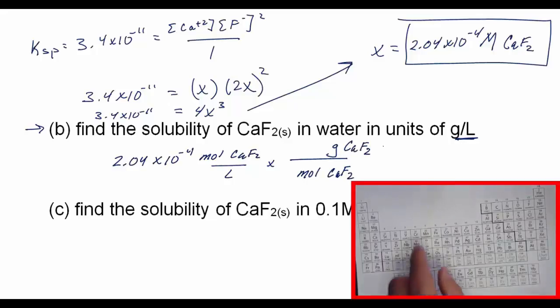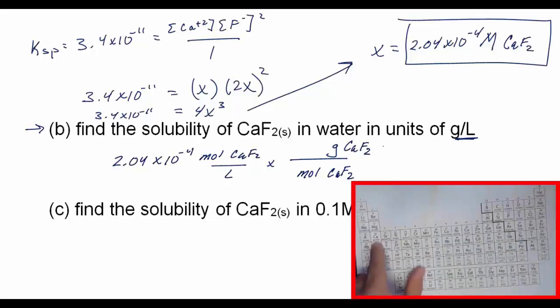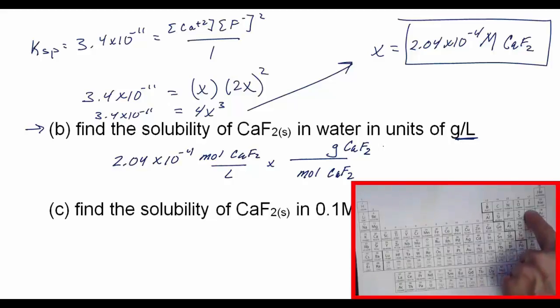Well, calcium is 40.078 plus fluorine is about 19 times 2, about 78.1.